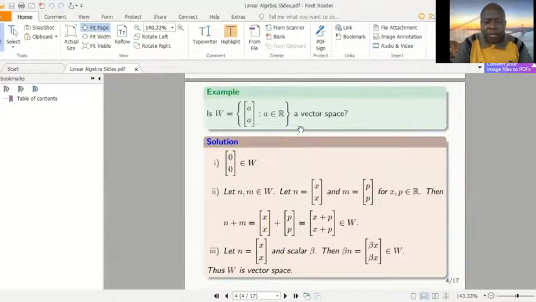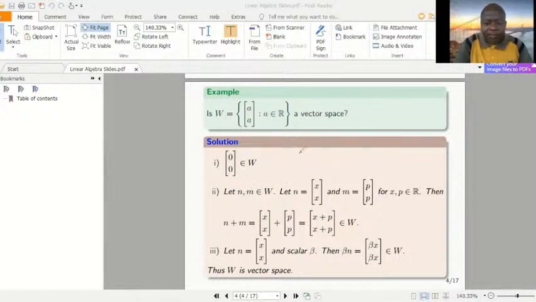And that is why I said that A is a real number, of course, A can be 0 and 0. And so the zero vector is in W. Then I already have at the back of my mind that this should be a vector space.